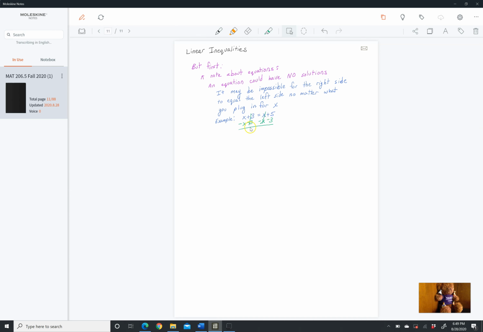But actually what's happening is on the left side, that also happens. What we wind up getting here is on the left, we have a 0. And on the right, we have a 2. And 0 is not equal to 2. So what's happening is when we solve these equations, if at the very end we get two sides that are not equal, it means that we have no solutions.